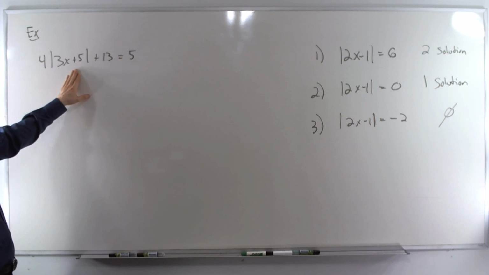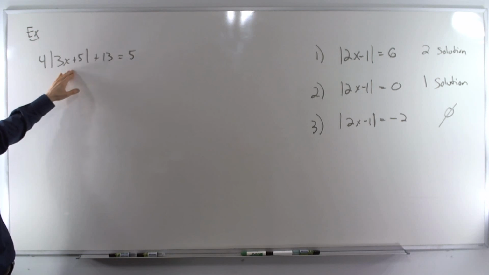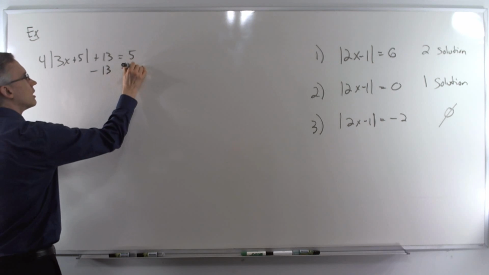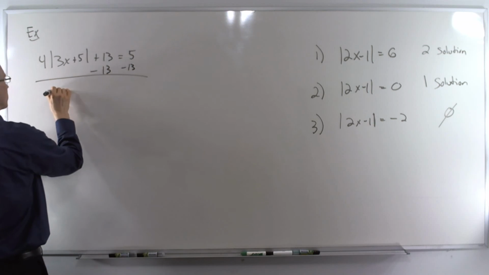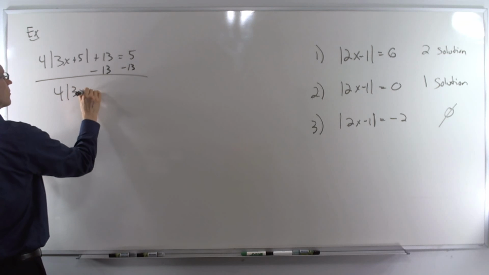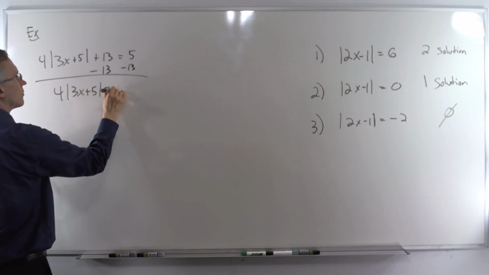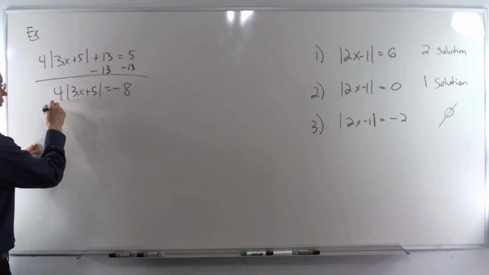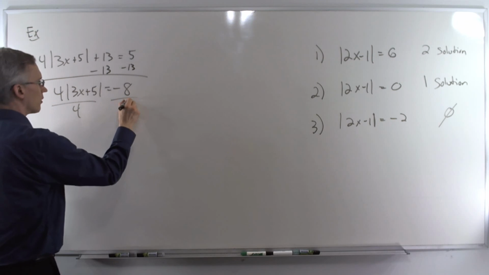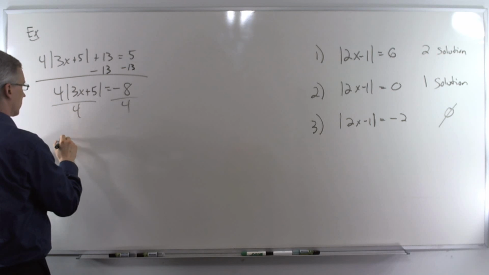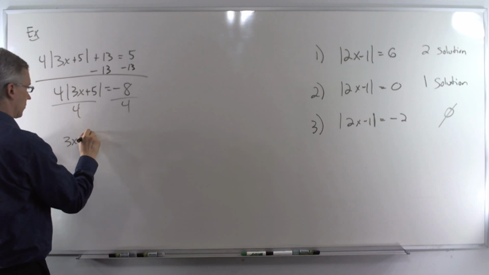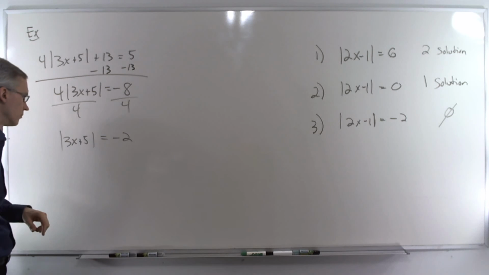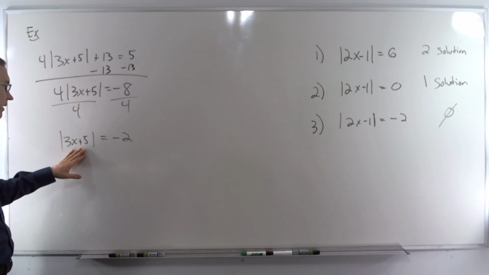All right, so next example, we're going to solve this one. We have to get this absolute value by itself, so let's get rid of the 13 first. Then we'll divide by 4. All right, now we've got the absolute value by itself.